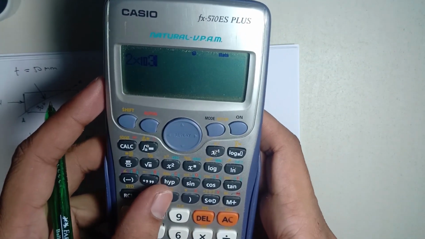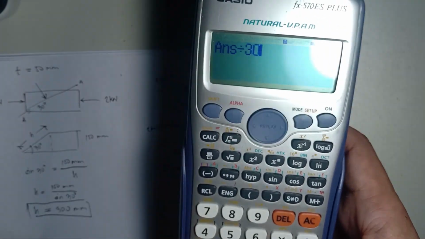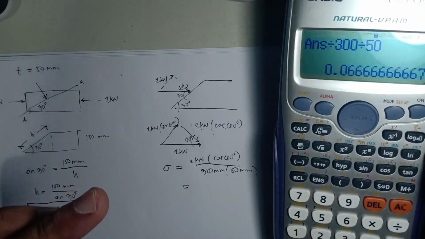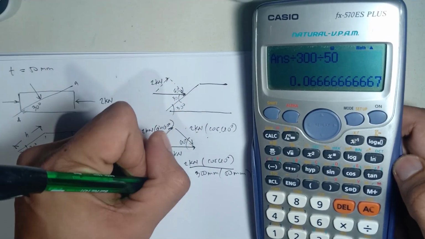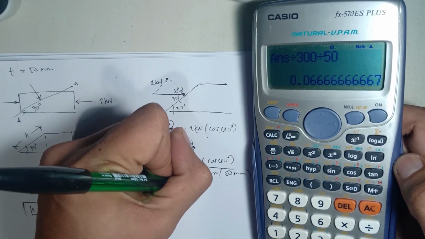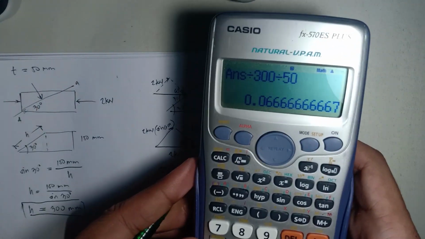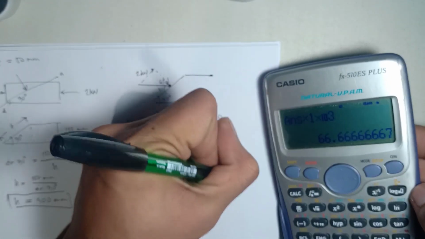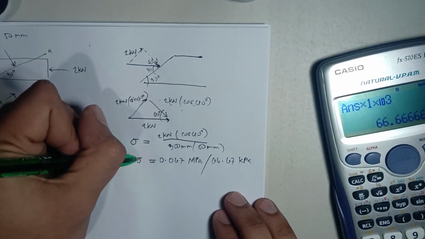So, 2,000 newtons cosine 60 degrees, divide 300, divide 50. Ayun. So, itong value nito, naka Newton per square millimeters or 0.067 megapascal, or times 1,000 tayo para maging kilopascal, or pwede naman 66.67 kilopascal. Pwede yan. So, ito yung normal stress.